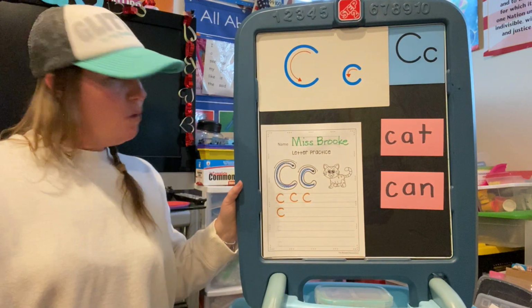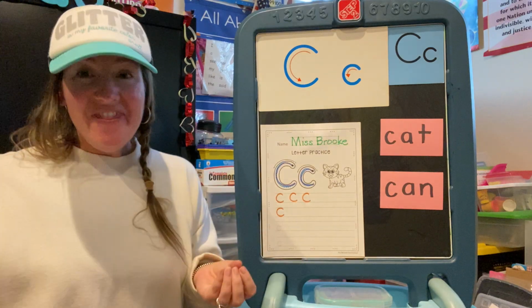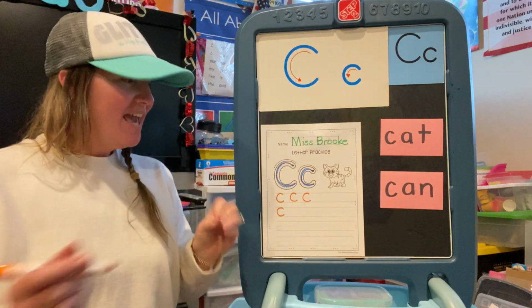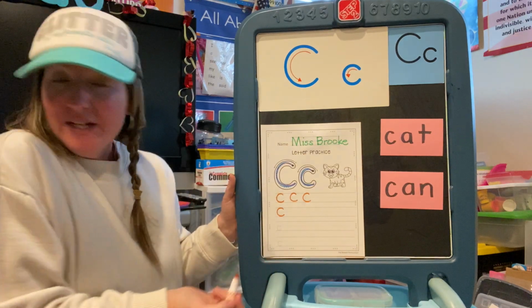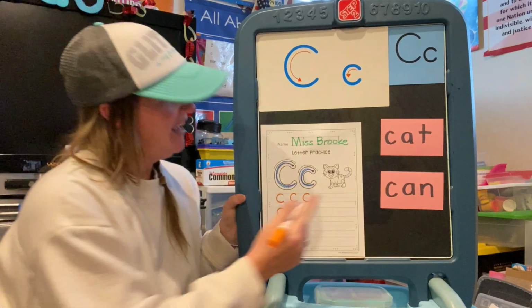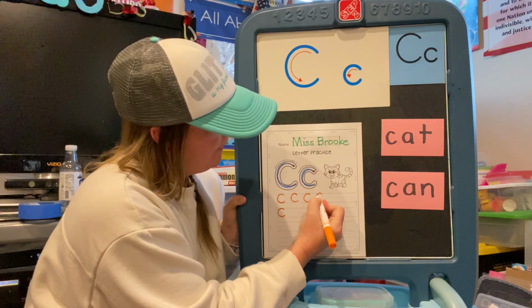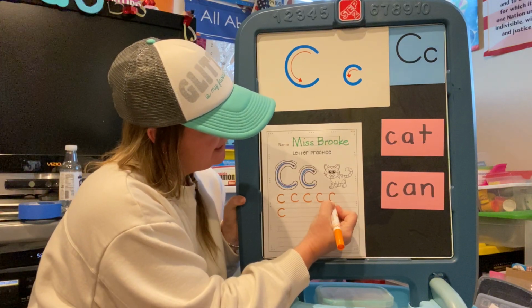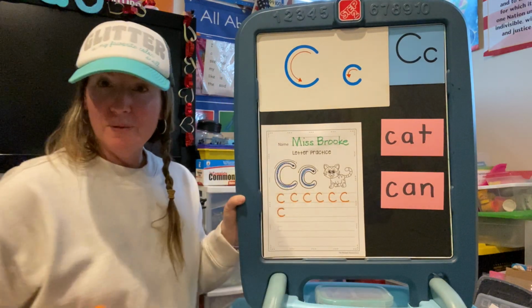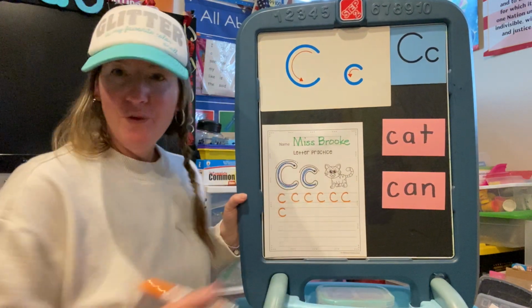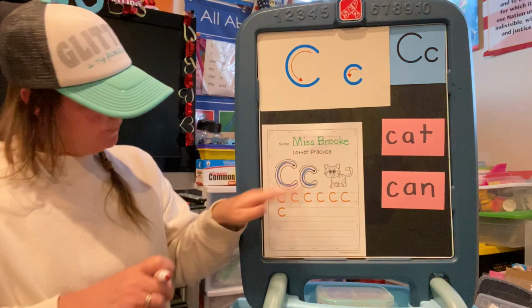And if you want to, you can watch this and then pause the video and do your worksheet when I'm finished, or you can do it along with me, whichever you like, pandas. All right, so we have our capital C's. And remember, if you're still doing your tracing up here, your colorful rainbow letters, that's great too.